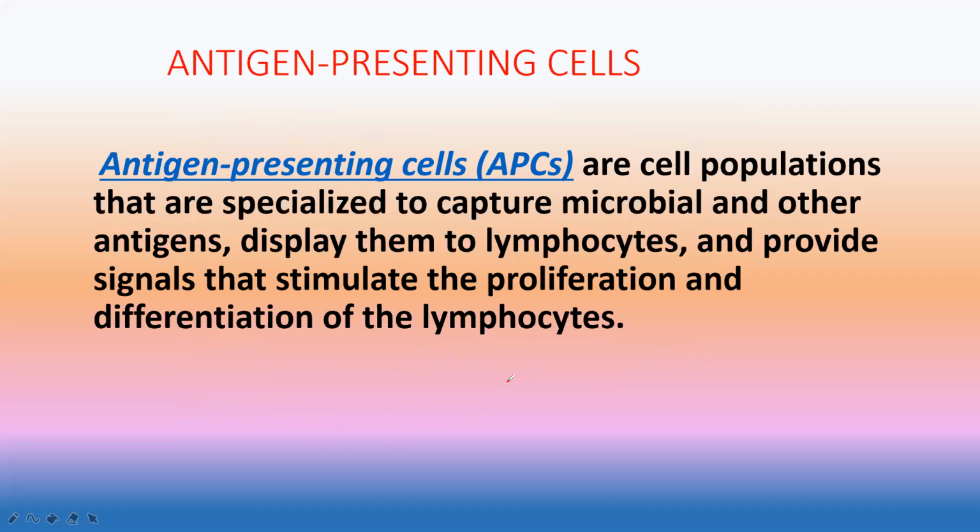Okay, so antigen presenting cell, what are they doing, what is their function, what are they specialized for? To capture microbial and other antigen, and then they display them to lymphocytes, and also give signal for stimulation and proliferation of lymphocytes.